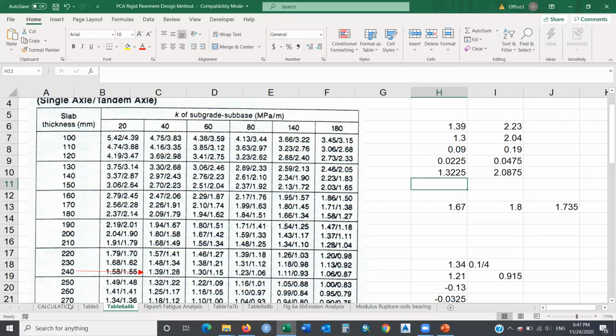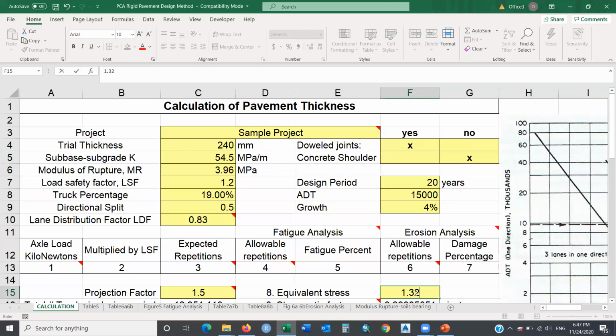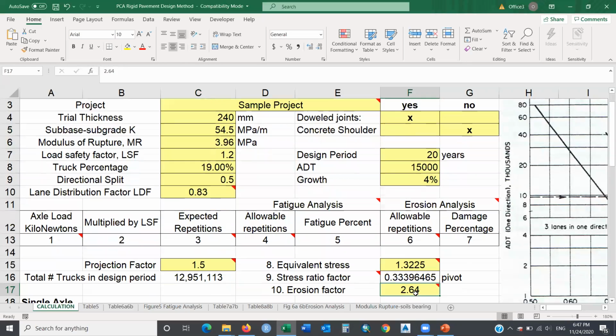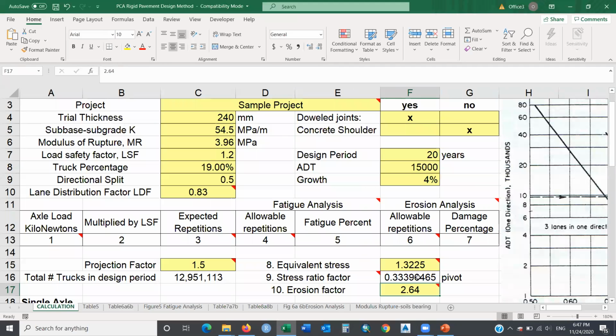So it's 132.25. And the erosion factor somewhere between 258 and 260, so 258, because it's closer on that side.